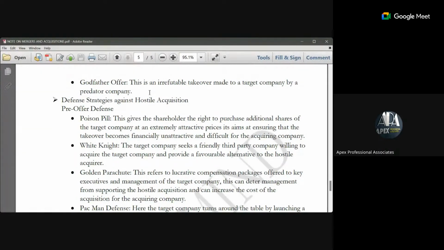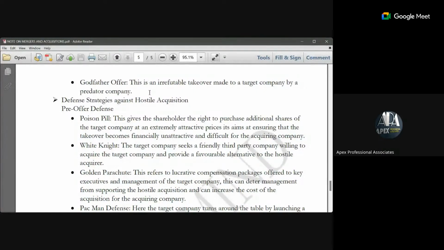Of course, a share that is sold for, say, 15 naira, when they notice that a company is trying to acquire or merge with them in a hostile manner, they can decide to say, okay, shareholders, you have been buying for 15 naira, we want to sell to you at 30 naira. That is a share reduction. The value of the shares of the business might be what is enticing the predator company to want to acquire the target company.